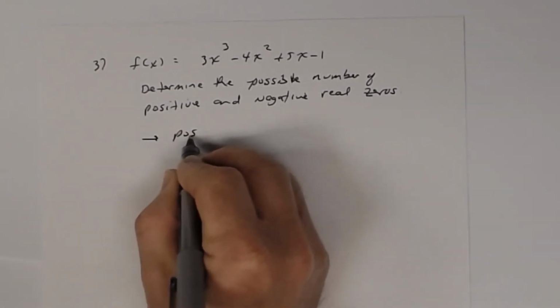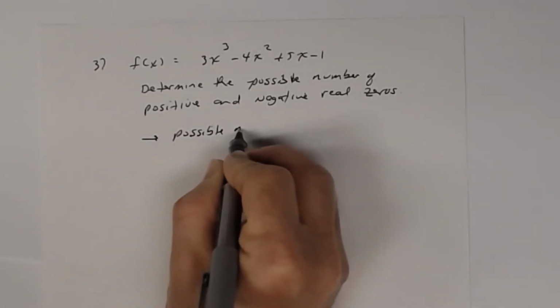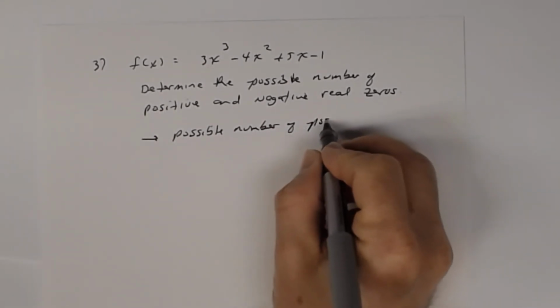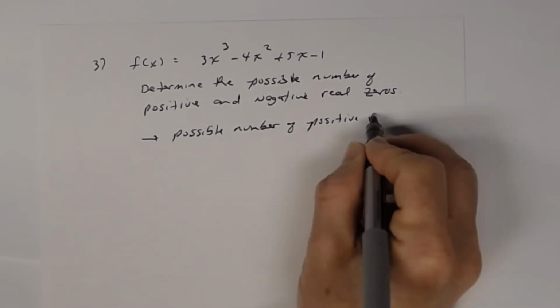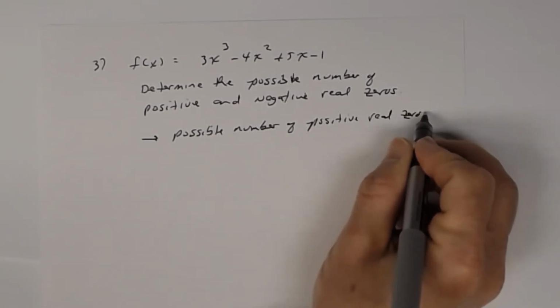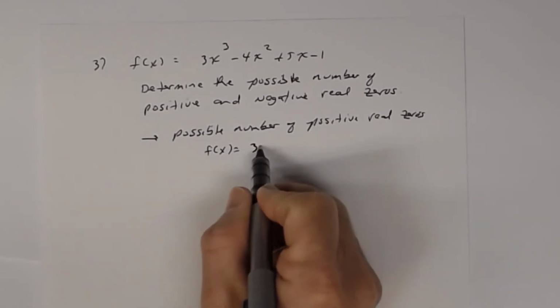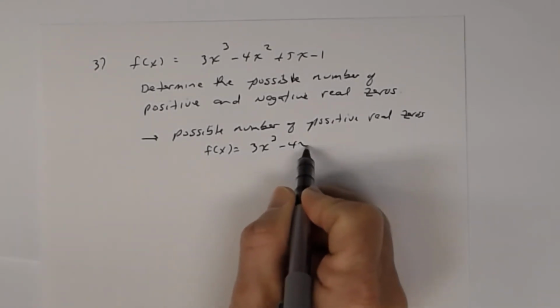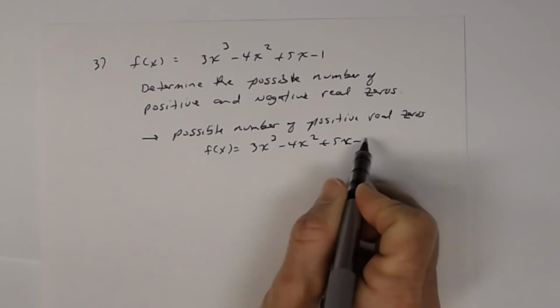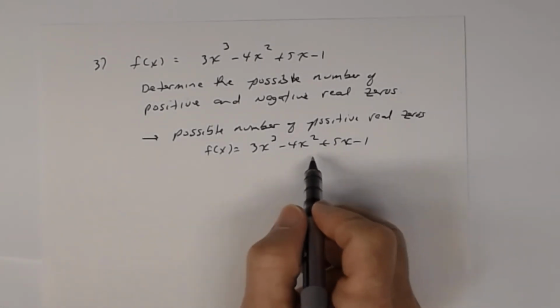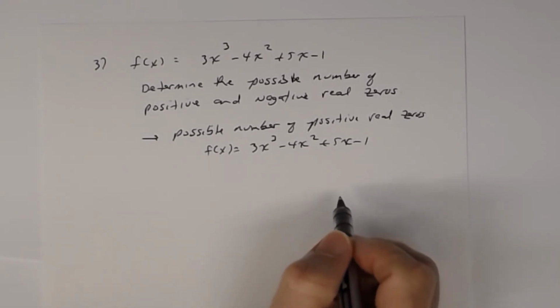The possible number of positive real zeros. So we're going to look at the sign changes. So f of x is 3x cubed minus 4x squared plus 5x minus 1. Again, make sure it's in descending order. And it is x cubed, x squared, x, and constant.